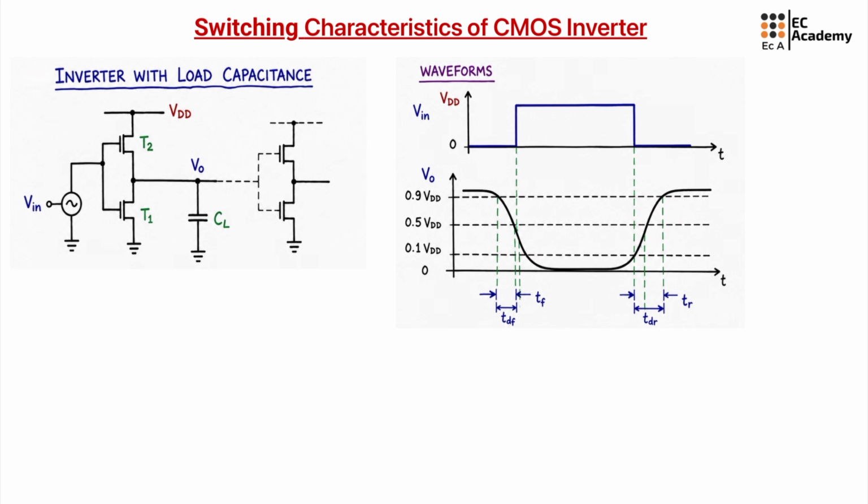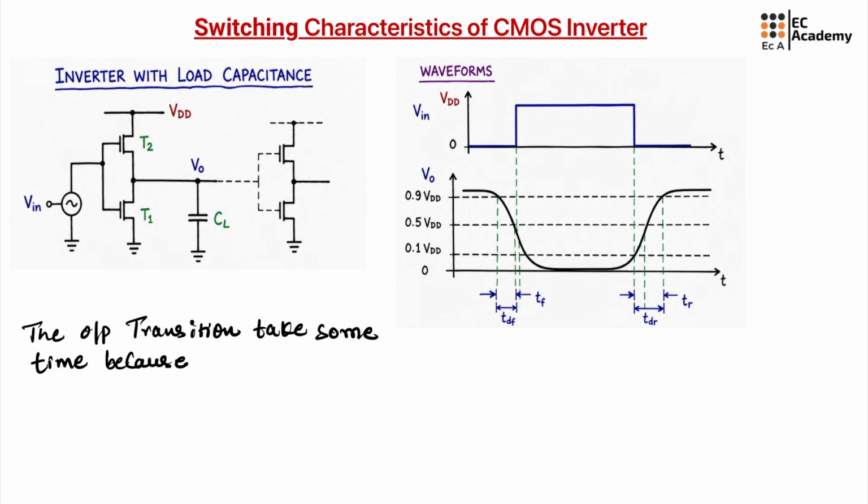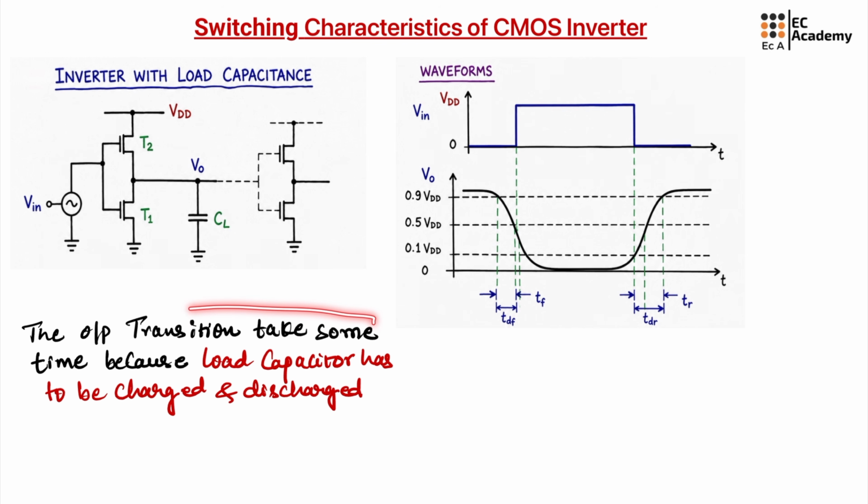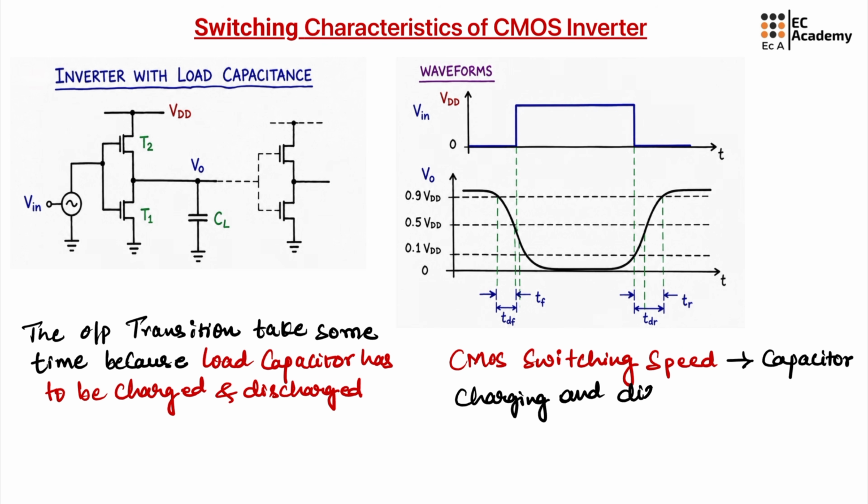Because the load capacitor has to charge and discharge. So you need to remember the output transition takes some time because load capacitor has to be charged and discharged. So this is the fundamental reason for switching delay in a CMOS circuit. So remember, CMOS switching speed is fundamentally a capacitor charging and discharging problem. This is a very important point to remember.